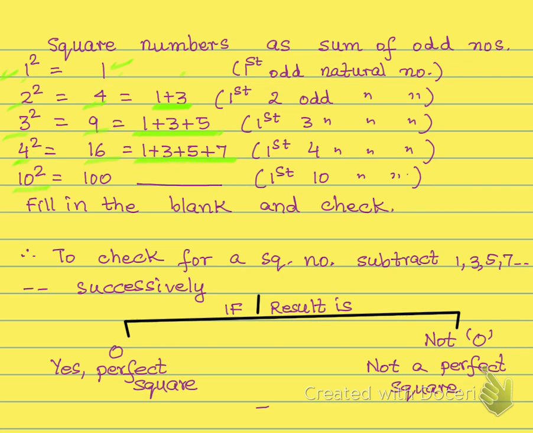Now 10 square will be the sum of what? Tell me. Yes, of course, the sum of the first 10 odd natural numbers, right? So let's check it out. 1 plus 3 plus 5 plus 7 plus 9 plus 11 plus 13 plus 15.